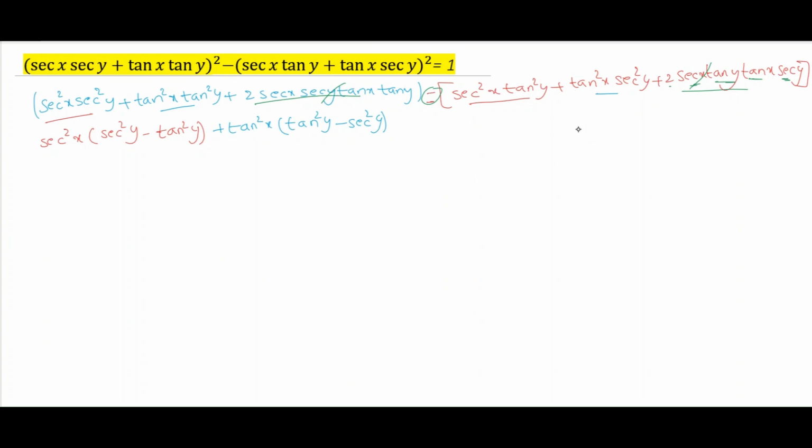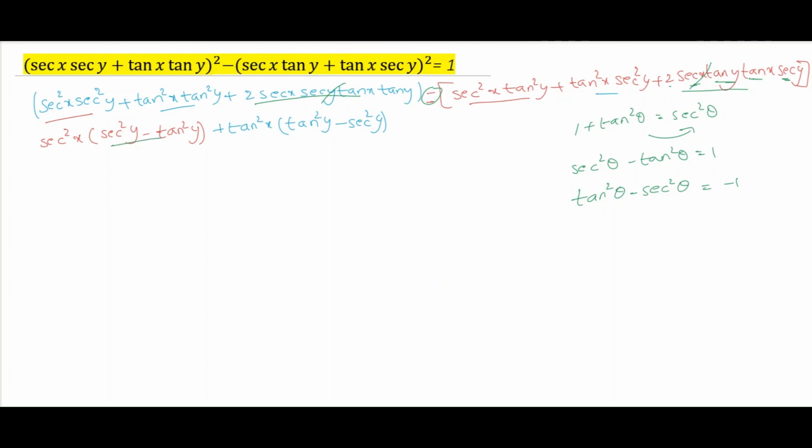From the identity we know that 1 plus tan square theta is equal to secant square theta. If we rearrange this, take the tan square to the other side, this is like secant square minus tan square equal to 1. Or if we take the other way, it can also be written as tan square minus secant square. We are taking minus 1 common, so it is equal to minus 1.